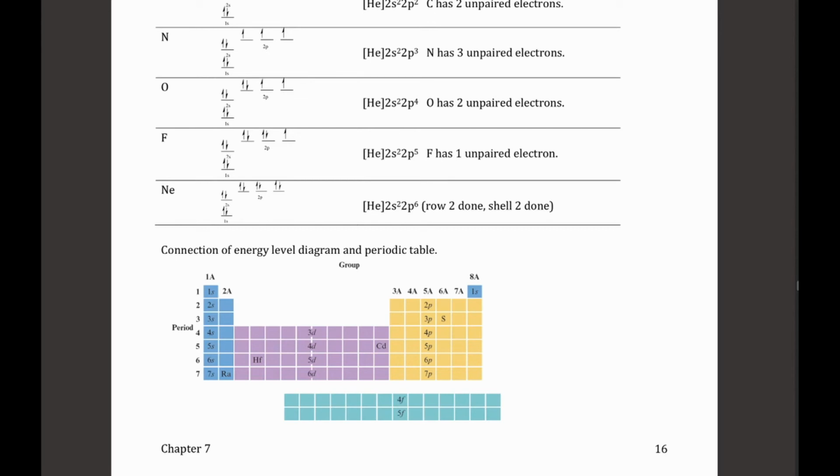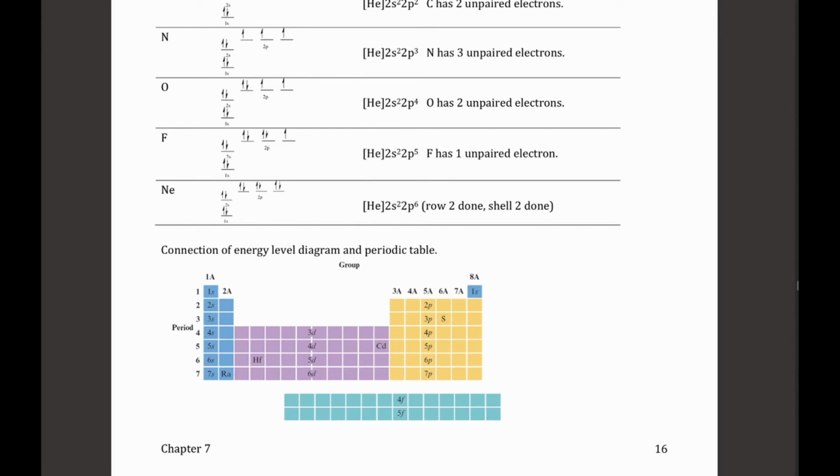and all of the atoms in that yellow block have their last electrons in p atomic orbitals, and the p atomic orbital corresponds to the row that they are in. The 3A column always has 1 electron in the p atomic orbital. The 4A, 2.